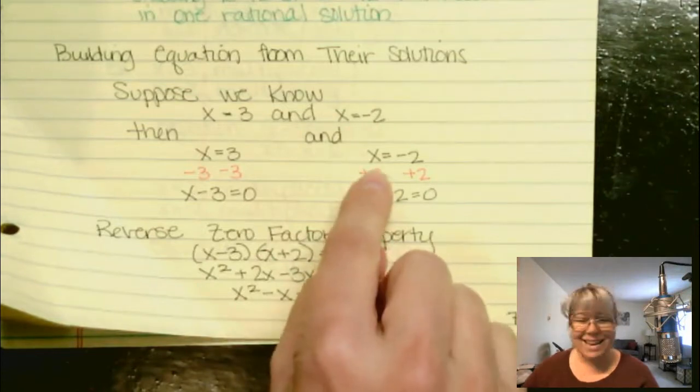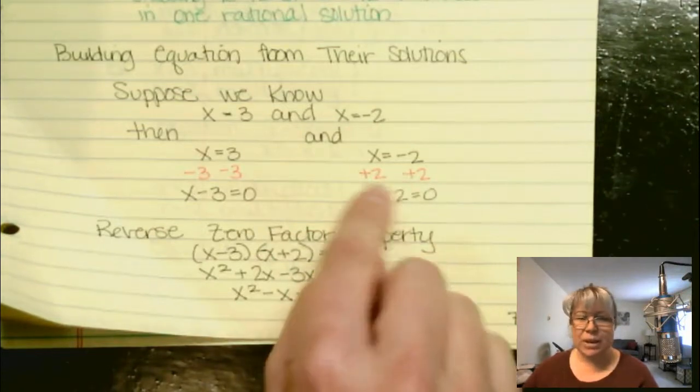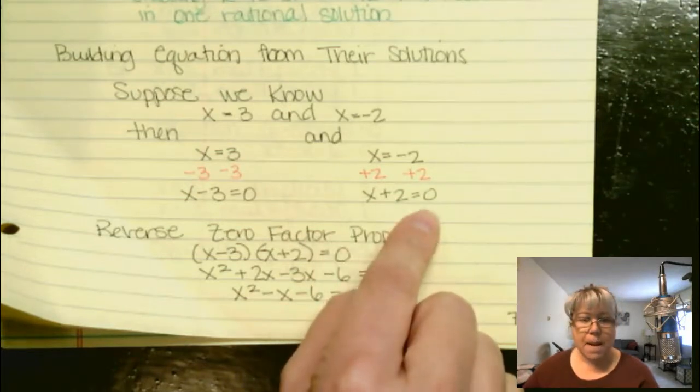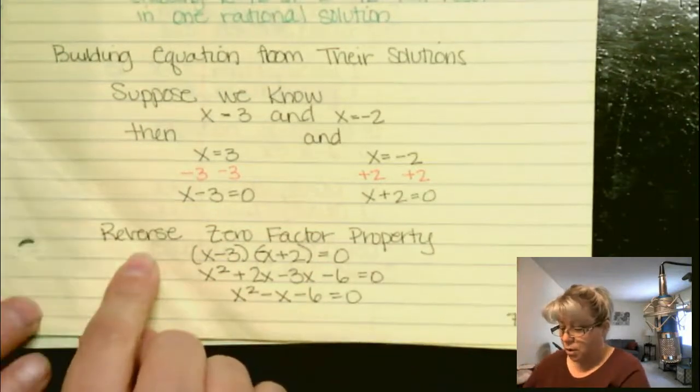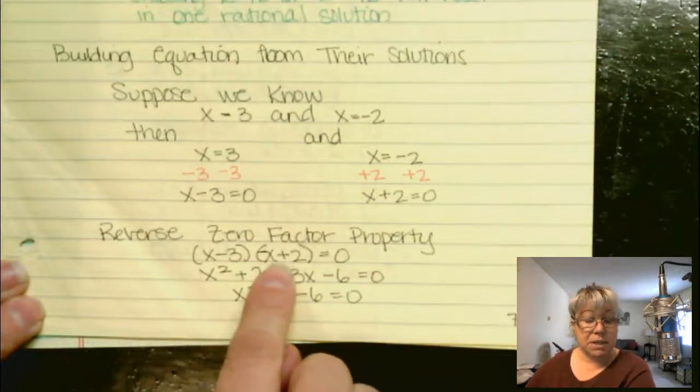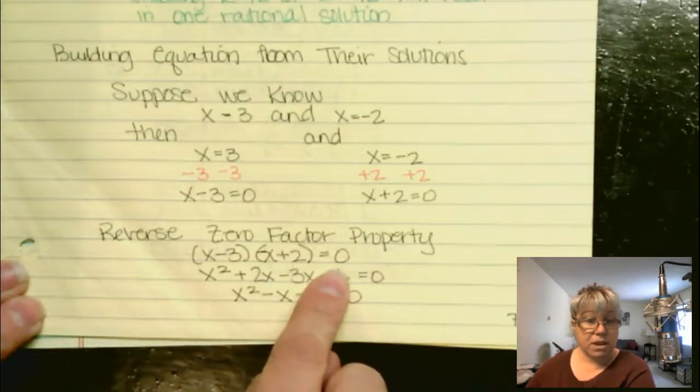Likewise, x equals -2, we can add 2 to both sides, and we get x plus 2 equals 0. But again, we're working backwards, so we can reverse the zero factor property, giving us x minus 3 times x plus 2 equals 0.